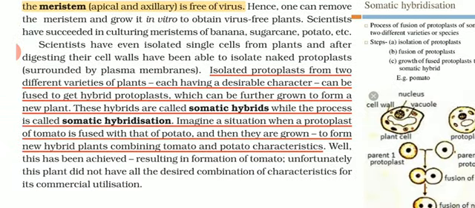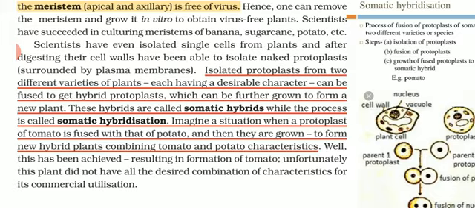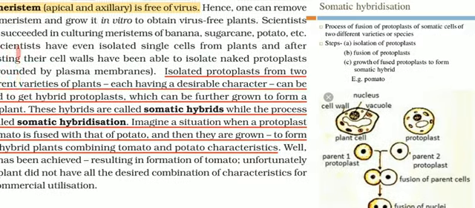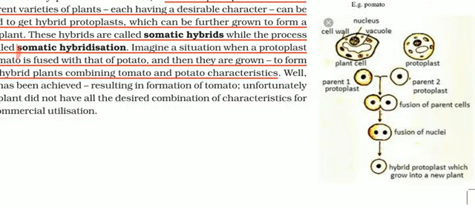Last part of tissue culture technique is somatic hybridization. Can you see in this picture there are two cells which are taken. What we will do, we will take a protoplast. If I revise, the cell is covered by first of all cell wall, then plasma membrane, then what is present inside, everything is called protoplast.